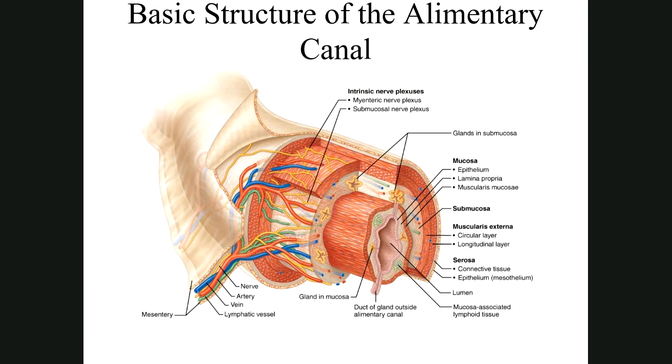The lamina propria, as you can see here, has some mucosa-associated lymphoid tissue. It's a connective tissue, a loose connective tissue, areolar connective tissue.